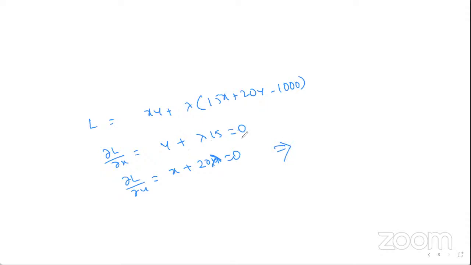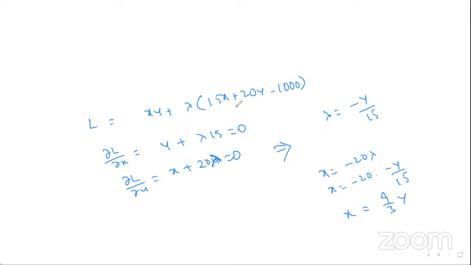And the other one, dL by dy, is x plus 20 lambda equals 0. Which gives us lambda equals minus y by 15, correct? If we substitute that here, x equals minus 20 lambda, which is minus 20 into minus y by 15. So x equals 4 by 3 y.